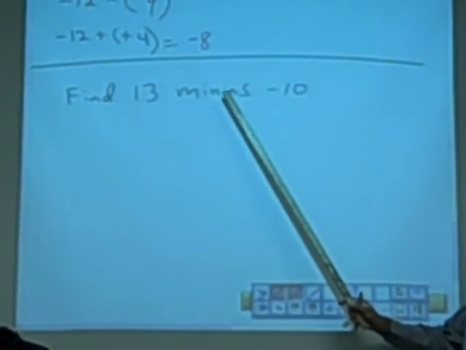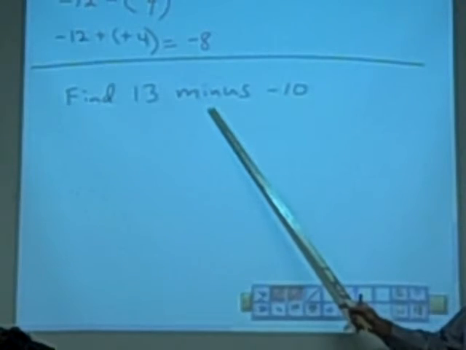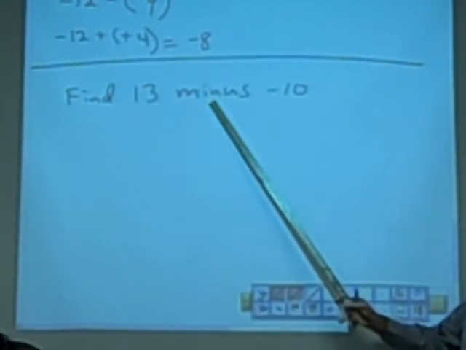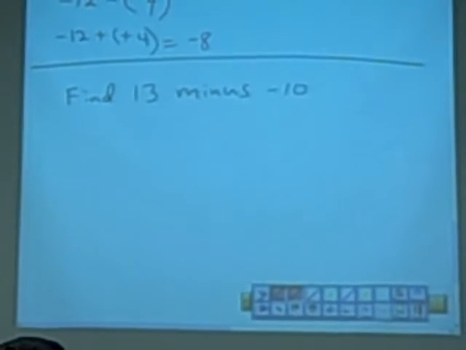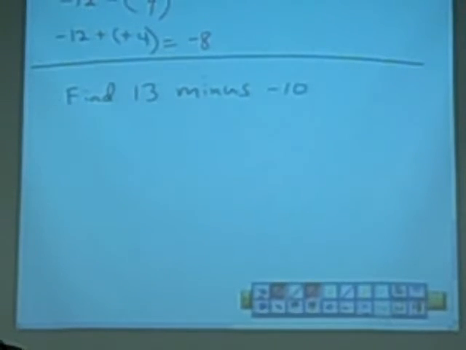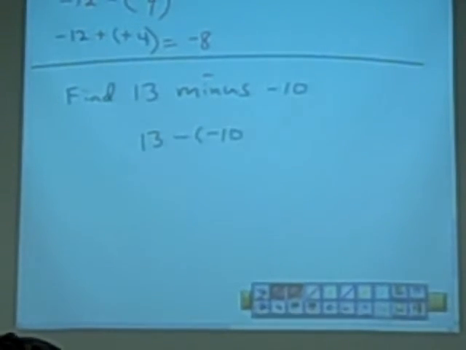Am I going to put a plus or minus? Don't look at this as addition or subtraction yet. It's going to be minus. But you're going to change it though, aren't you? That's right. That's why you don't want to look at this as adding or subtracting. You want to look at this as a plus or minus sign. You're going to put a minus, right? So this is 13 minus what? Negative 10.